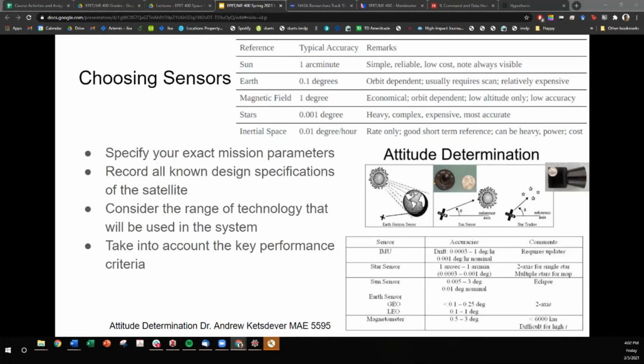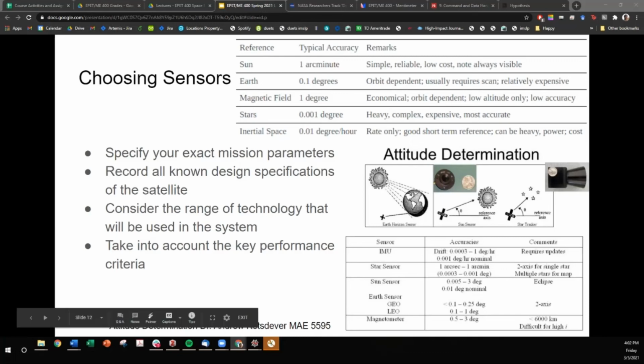But if you're strapped, like we are in the Artemis CubeSat kit, we have the magnetometer, we have an IMU, and we don't necessarily have a dedicated Earth sensor or a sun sensor, but we can get creative by using those solar panels or photodiodes as sun sensors and the camera as potentially an Earth sensor.